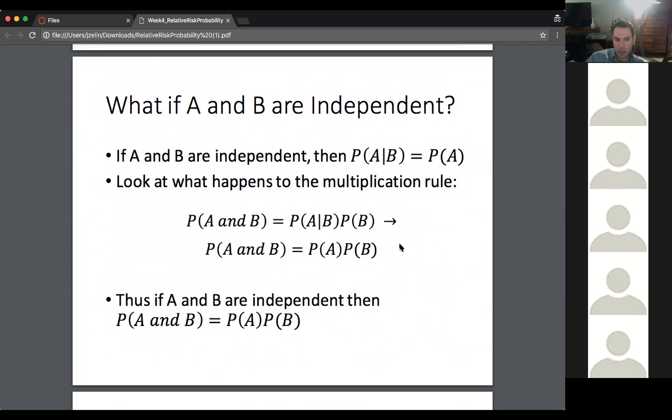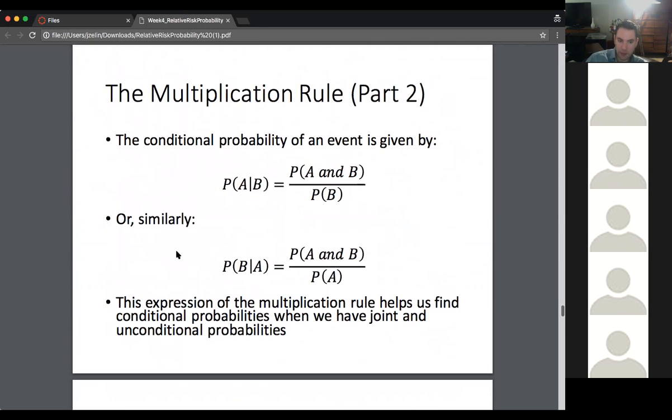And we said that if they're independent, then the probability of A given B is simply the probability of A, so that it simplifies into the formula that we saw before, so independent events are easier to calculate.